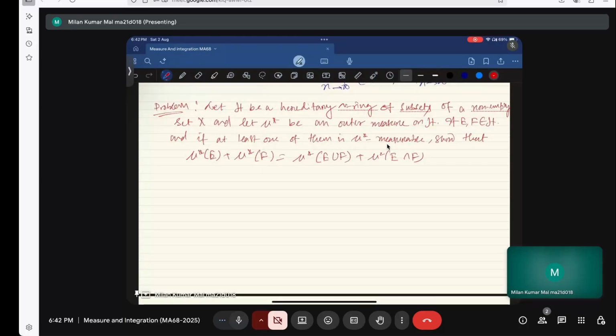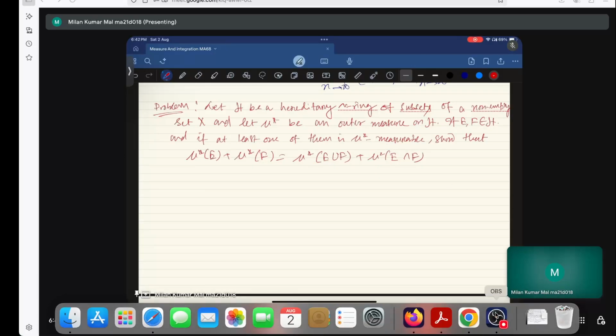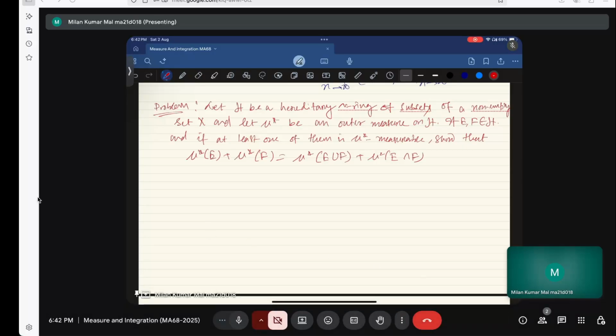Hereditary sigma ring means that if a set is there, then all its subsets will also be there. It is a sigma ring of subsets of the non-empty set X, and mu star is an outer measure on H. E and F are such that at least one of them is measurable. This is the given fact.